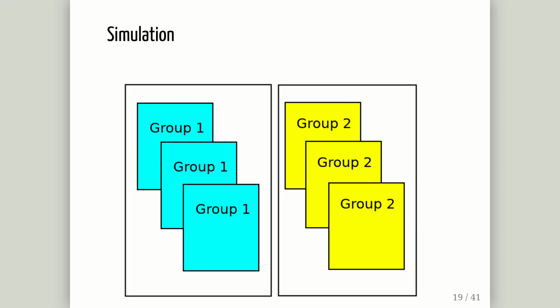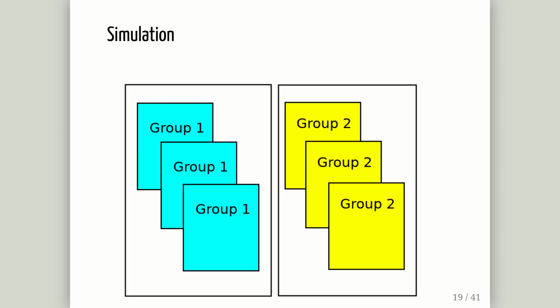But we have our two groups, we have them in 2 stacks, and we compute the average value of each stack. So in this case, we've got the average value of each group in our sample, right?